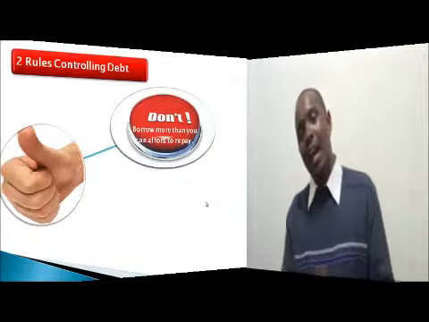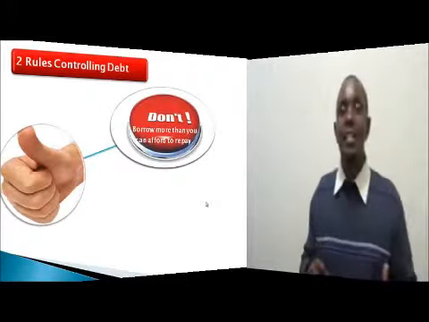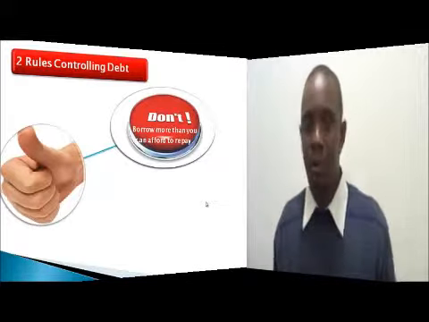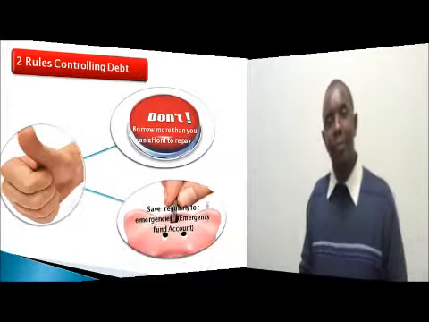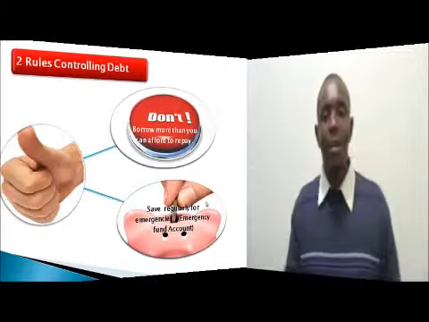And you find that at the end of it, the business cannot adequately service the loan repayments. The second rule is save regularly for emergencies.